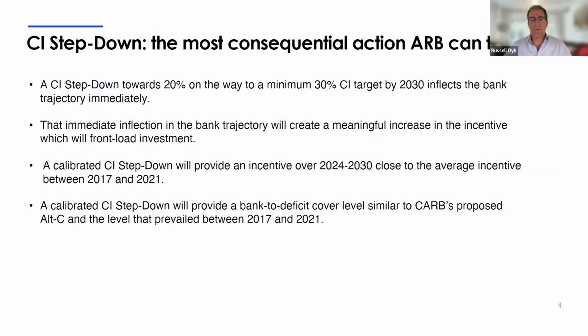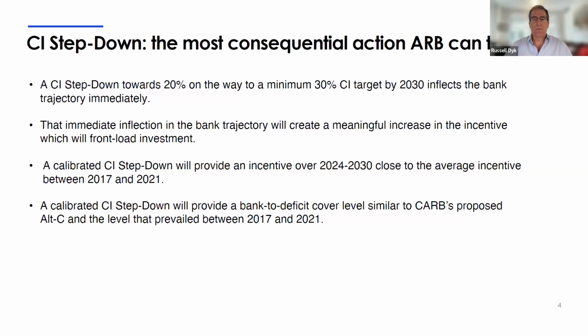And the goal of the slides before was to really demonstrate that CARB can take that action without jeopardizing the program or without pushing it outside of historical boundaries. In fact, I think by taking that action, CARB will actually pull the program back within historical boundaries and help immediately inflect the trajectory of the credit bank.